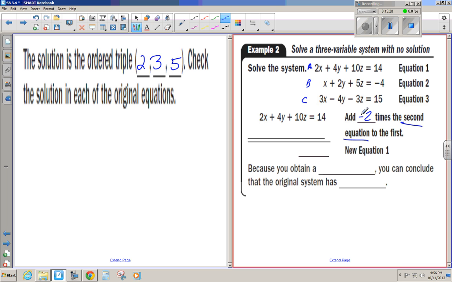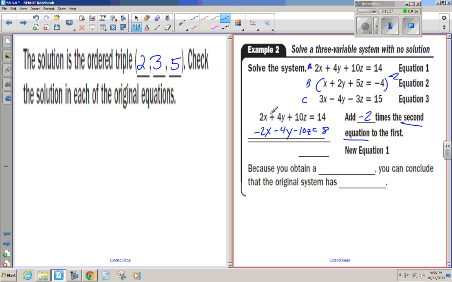If I multiply everything in here by negative 2, negative 2 times x is negative 2x. Negative 2 times 2 is minus 4y. Negative 2 times 5 is negative 10z. And negative 2 times negative 4 is positive 8.